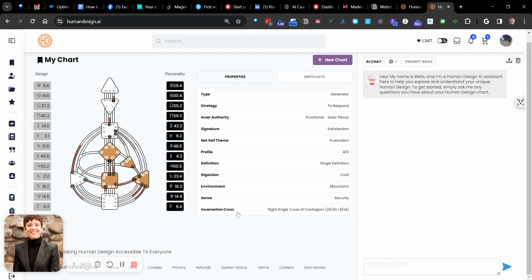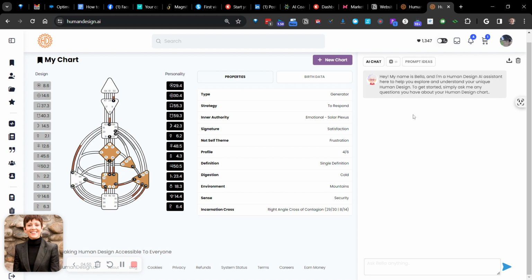The incarnation cross part of your design is essentially your life purpose or your life theme. And while this is, of course, very important, what's most important to start with are the things at the very top, the properties listed here.